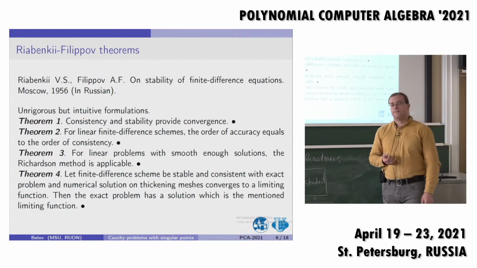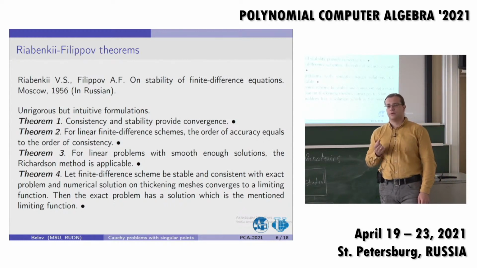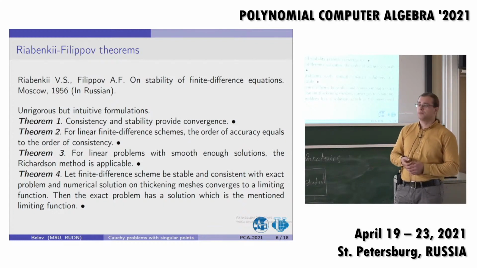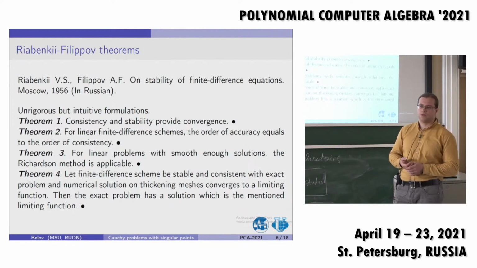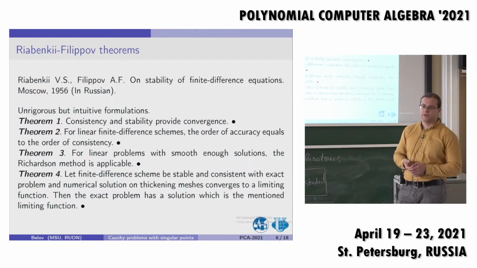The foundation for such an approach is the four theorems presented in the book by Ryabenkii and Filippov. The book was published in 1956. Here I present not a rigorous but an intuitive formulation of the theorems. The first theorem: consistency and stability provide convergence.